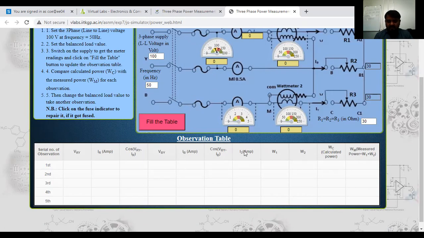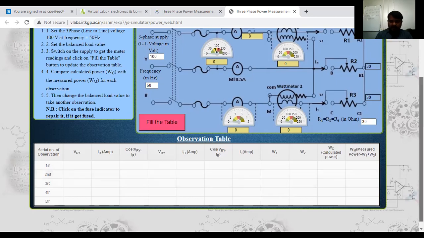I3 is nothing but this one they have connected here, ammeter, and W1, W2 wattmeter, calculated power they have written here. Measured value is nothing but W1 plus W2, and by using the formula of V phase, I phase into 3, that is called the calculated power. Both these two values should be the same.